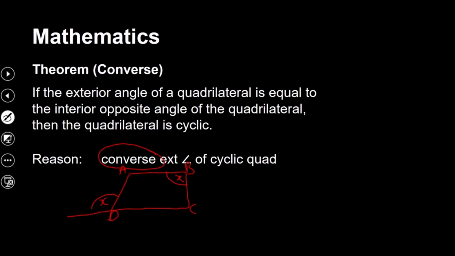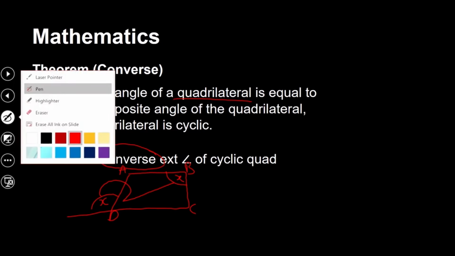This is when you do not know, and they did not tell you, that this is a cyclic quad. They just said it's a quadrilateral, but I know that one of the sides of the quadrilateral is extended, or produced in mathematical terms, and the angle that is formed there, which is the exterior angle, is actually equal to the interior opposite angle.